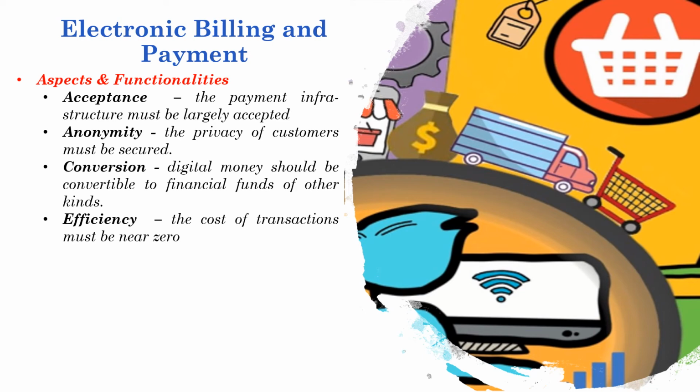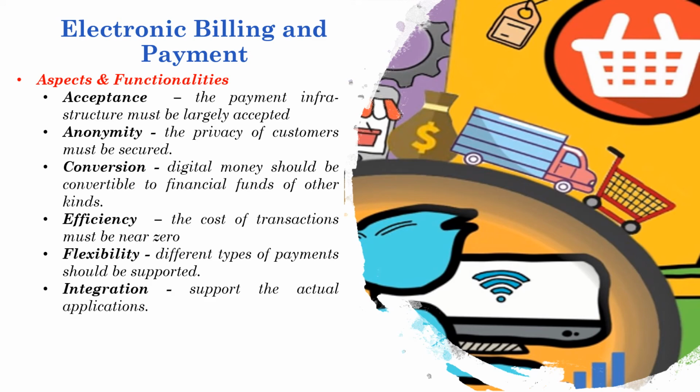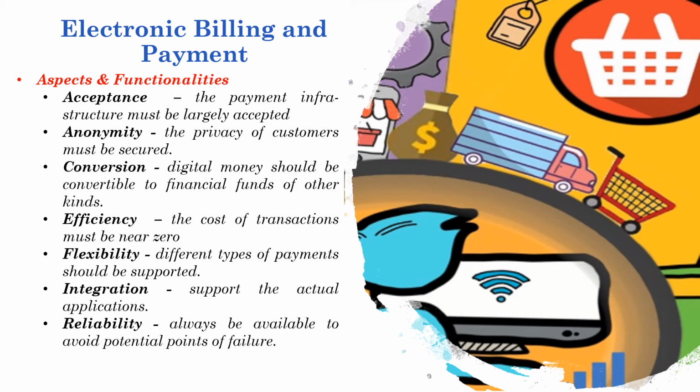And then we also have the efficiency, wherein the cost of transactions must be near zero. Flexibility: different types of payment should be supported. We have the integration, to support the actual applications, and reliability, which allows you to always be available to avoid potential points of failure.